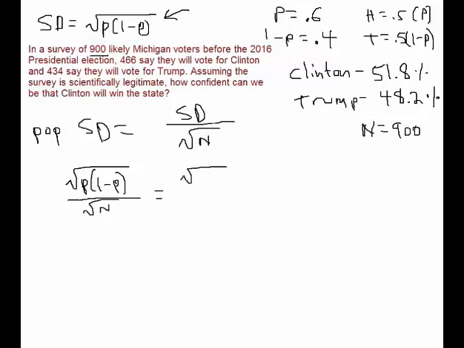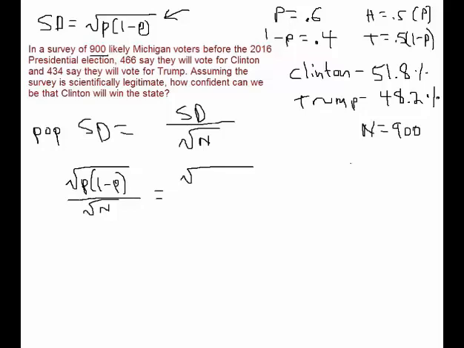So let's plug in our numbers over here. We can use p as the chance that Clinton is going to win, and 1 minus p, the chance that Trump is going to win, or vice versa. It makes no difference. It's going to be the exact same thing.